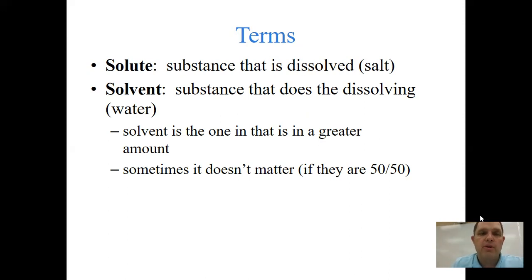One way to remember these is the solute is the smaller one, the solvent is the bigger one. And if you look at it, the word is a little bit shorter, solute, so that reminds me that that goes on top, or that's the one that's being dissolved.